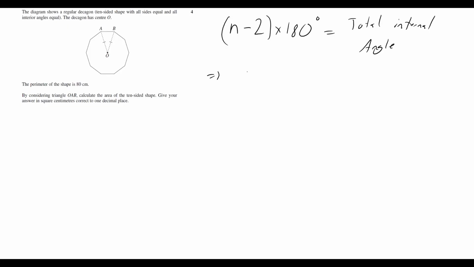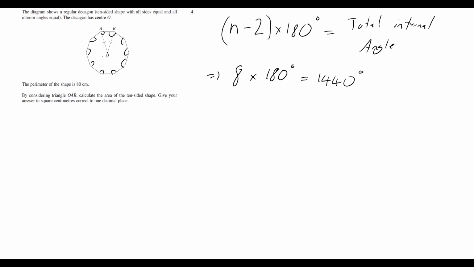So what that means now is that the total internal angle for this decagon is going to be 10 minus 2, so 8, times 180 degrees, and that will give us a value of 1,440 degrees. Okay, so that means that if I add up every single angle going around this decagon on the inside, they will add up to 1,440.